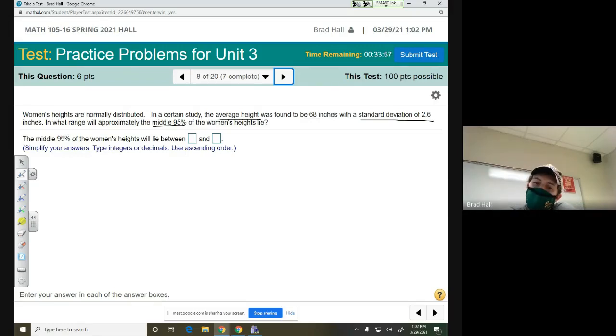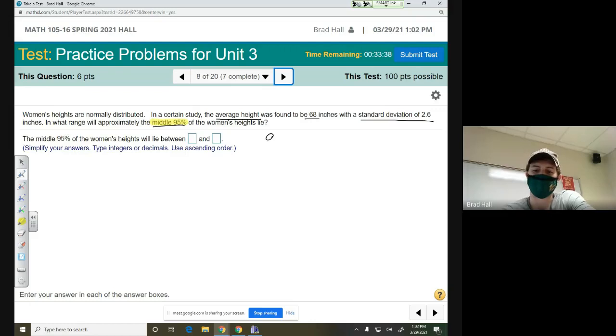So that implies that you're looking at one standard deviation away. But what tells you that we may be looking at one standard deviation? Why not two or three? The middle 95%.